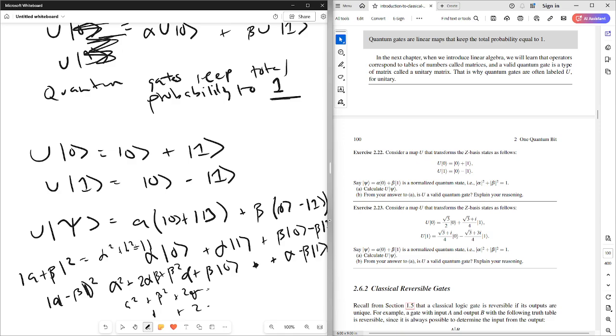That's 1 plus 2 alpha beta. Regardless, I think I'm going down the wrong path here with this algebraic stuff. But we know that this is equivalent to 1. We know that beta times its complex conjugate. Basically, the probability is 2.